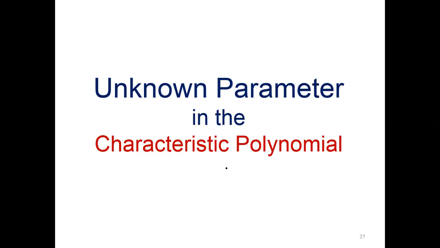But if we have an unknown term like k, or any parameter that is unknown in the polynomial, we cannot find the range of stability from a calculator. This is the use of the Routh table, that we can find the range for an unknown parameter.